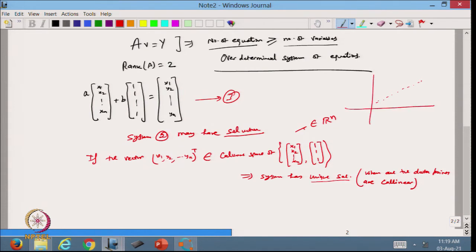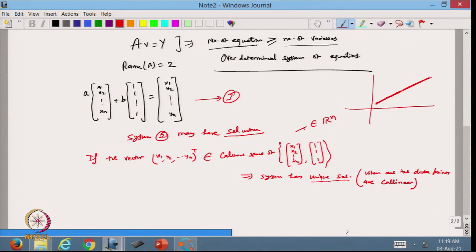If I see this one, these points I have taken are all lying on the line. So if I fit a line from these points, then this system is going to have a solution. All the points lie completely on the line, not away from the line.